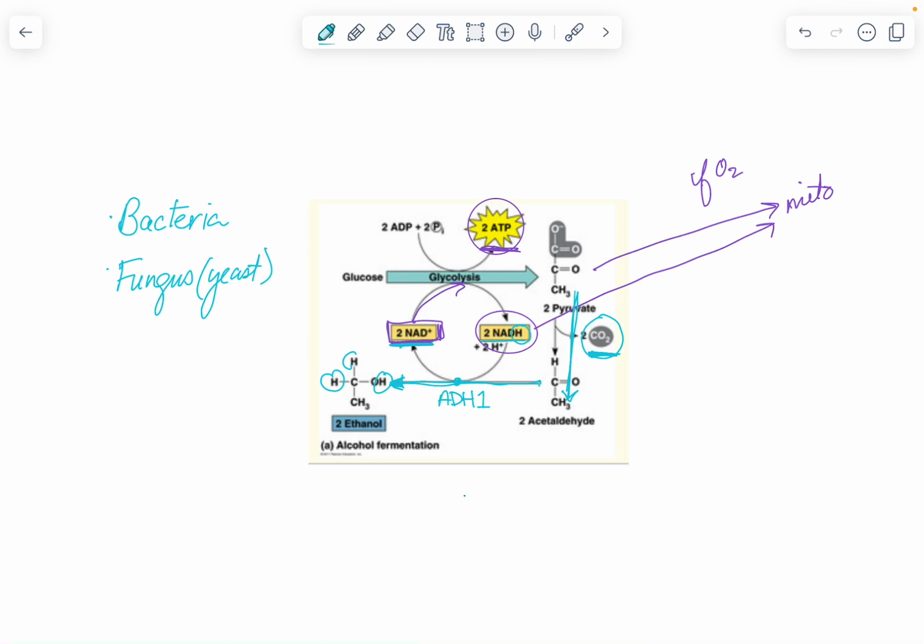So we've removed the hydrogens and the electrons off of NAD, and we've put them onto the acetaldehyde to make ethanol. Now we have NAD+, and glycolysis can continue to make small amounts of ATP.